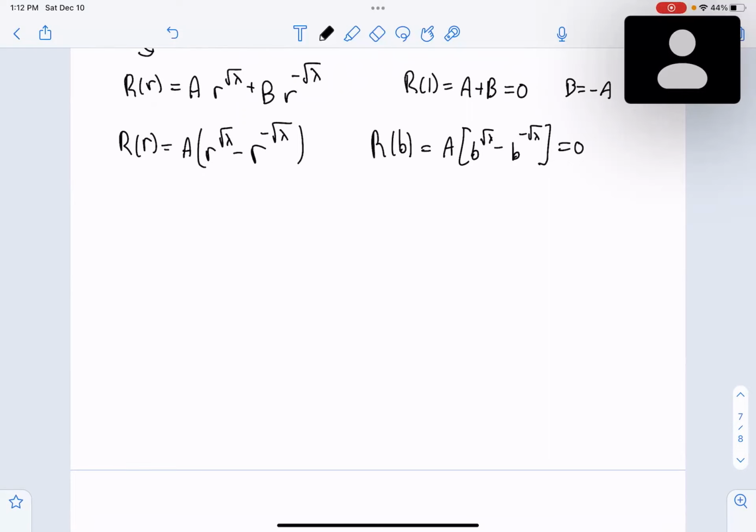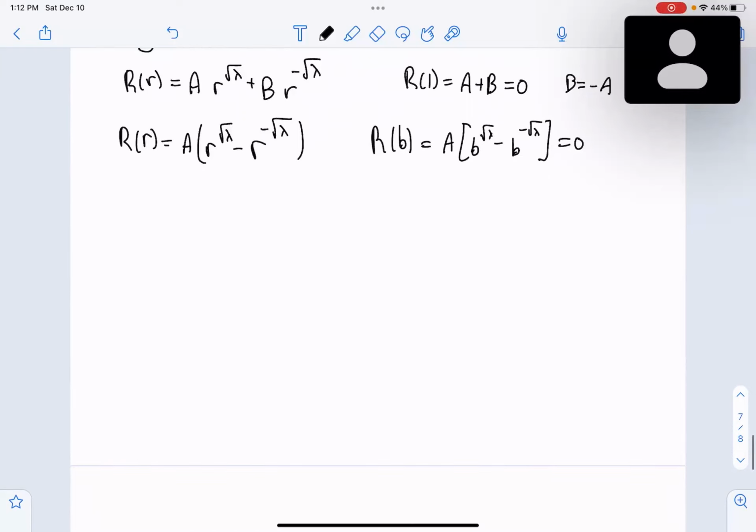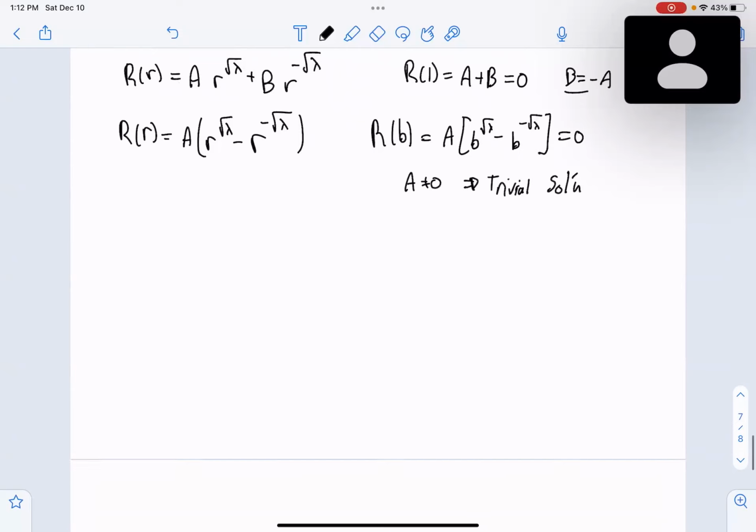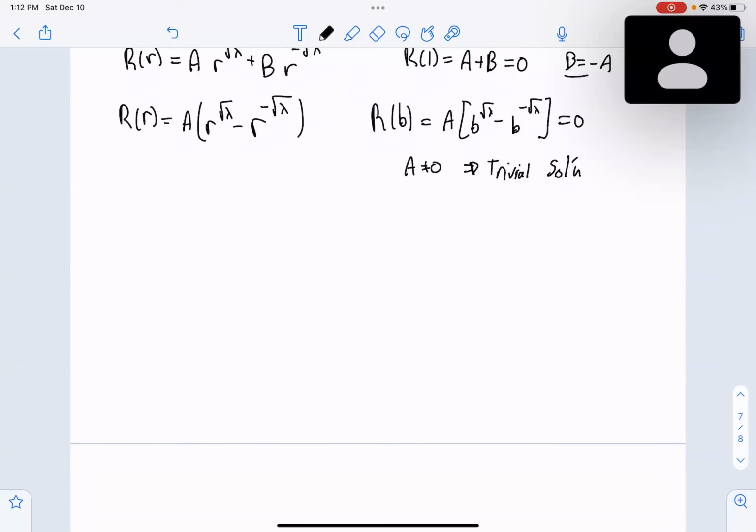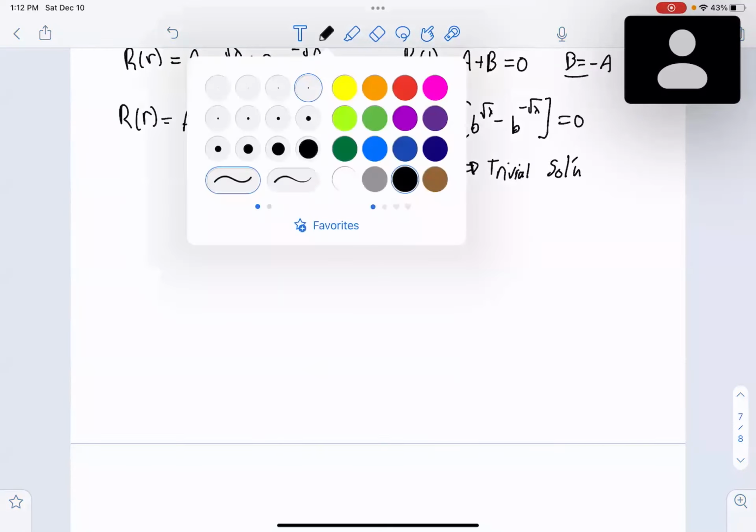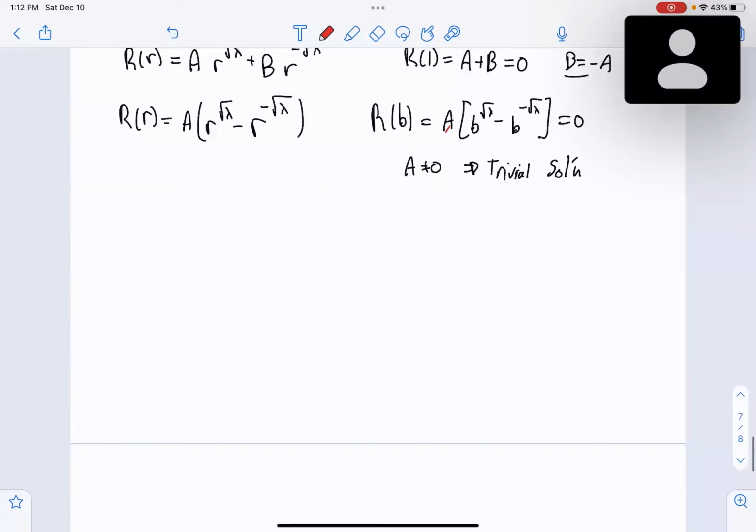Continue to reduce this. Obviously, we can't have A equal to 0 because then we get the trivial solution. Since B is equal to negative A here, if A is 0, we just get nothing. So we definitely can't have that, and we're safe to divide through by A right here.